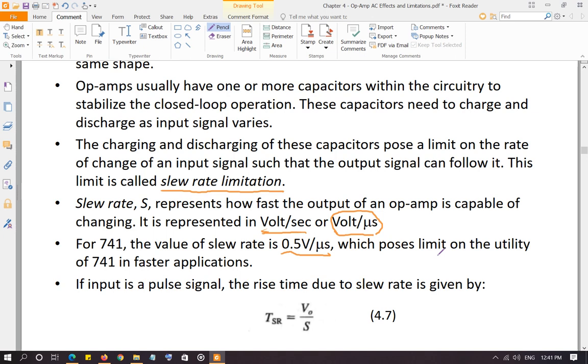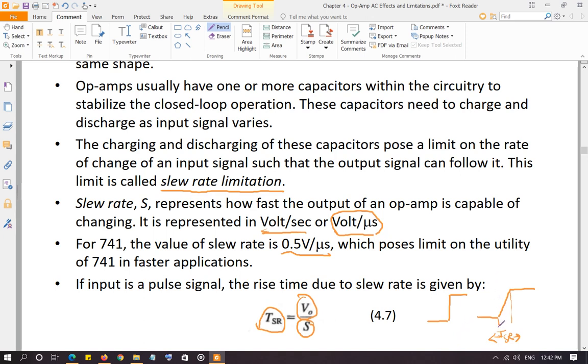So earlier we looked at the rise time due to the closed loop bandwidth, and here is the rise time due to the slew rate, TSR. TSR is the rise time of the pulse due to the slew rate, which is of course in volt per second. So your output voltage goes from 0 to the maximum, and this is the rise time. It's not from 10% to 90%, as we looked at in the case of closed loop bandwidth.